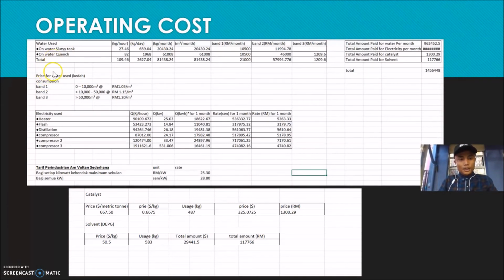So this is the operating cost. As you can see, we use water, electricity, the catalyst, and the solvent for the acid gas removal unit. This is the total for the operating cost, which is equal to 1,456,448.